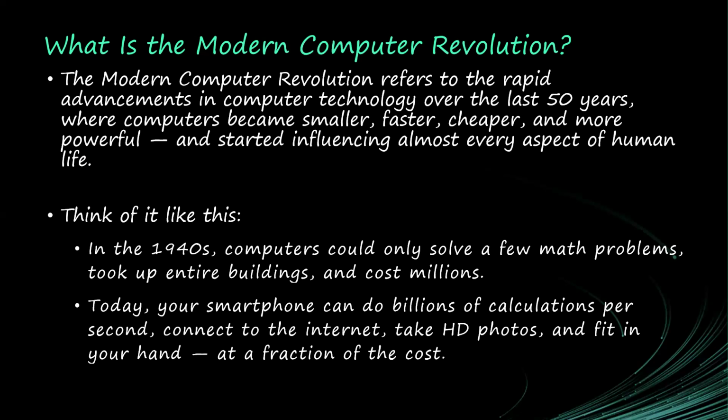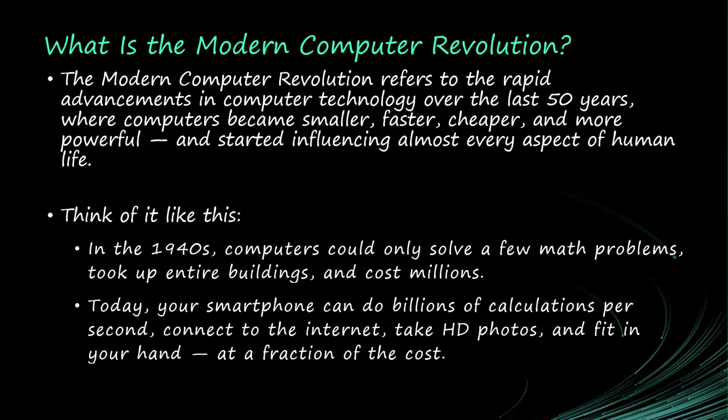But your smartphone can do billions of calculations. So just do the comparison. The first computer could do very few math problems, but your smartphone today can do billions of calculations per second. Your smartphone can connect to the internet. It can take pictures, photos, and it can fit in your hand. And it's at a fraction of the cost, just very cheap. So you can see the advancement from 1940 to today.